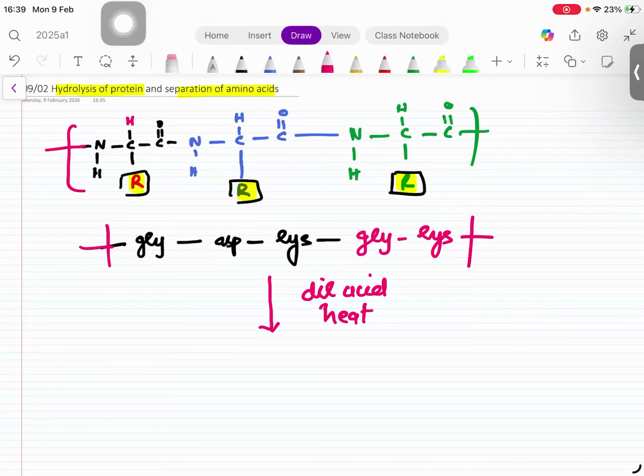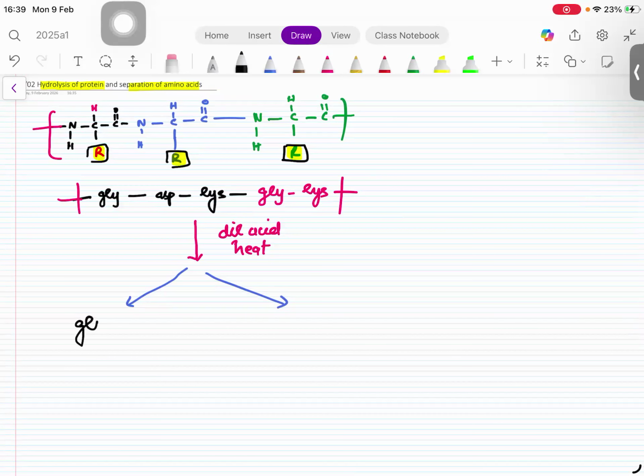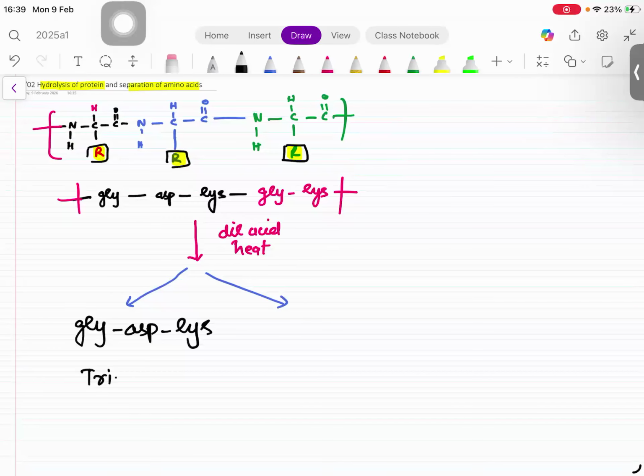And when they react with the dilute acid, initially they don't break into amino acids. They break into this glycine, ASP, and lysine, which is known as tripeptide. Okay? And similarly, the bond breaks from here.